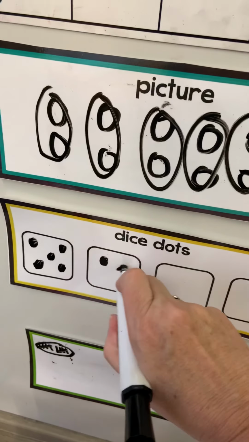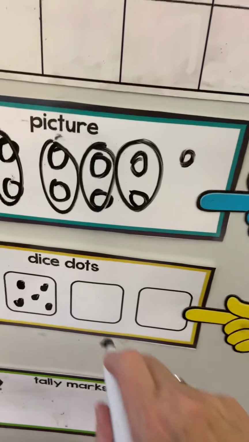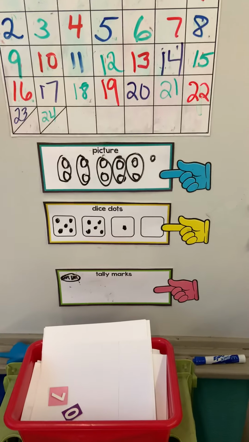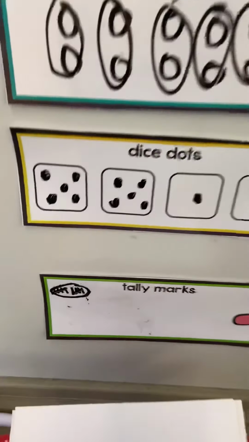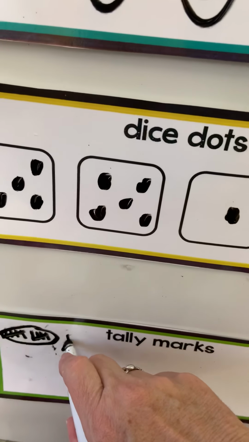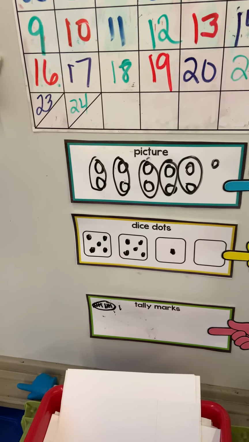I'm going to put 5 in this one. Okay? And then I'm going to put 1 right here. So I've got 5, 5, and 1. And what does that give us? 11. All right, here are my tally marks. And I circled 10 of them. I'm going to add my extra tally mark, and now I have 11.